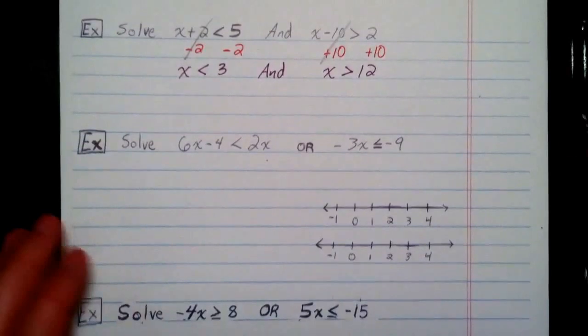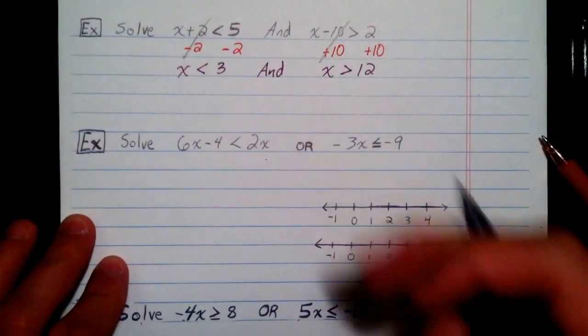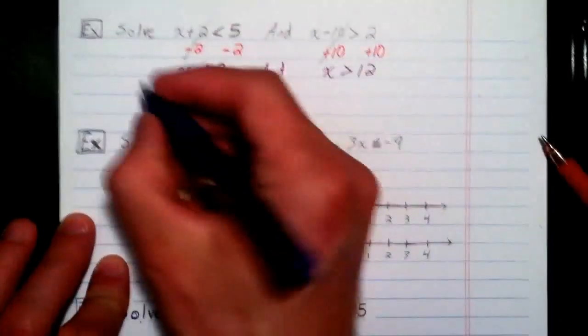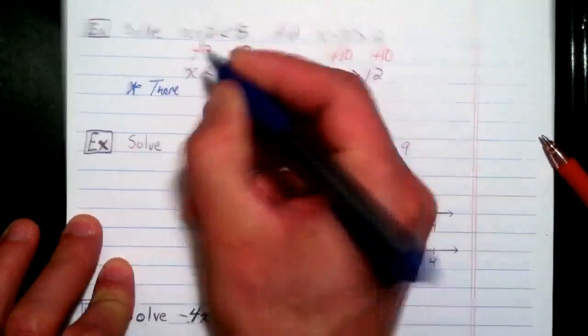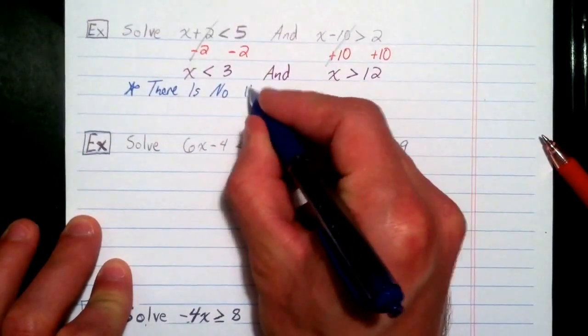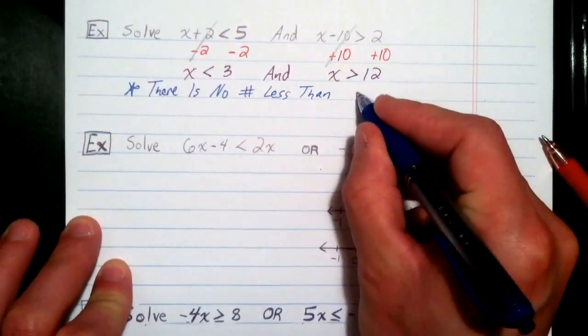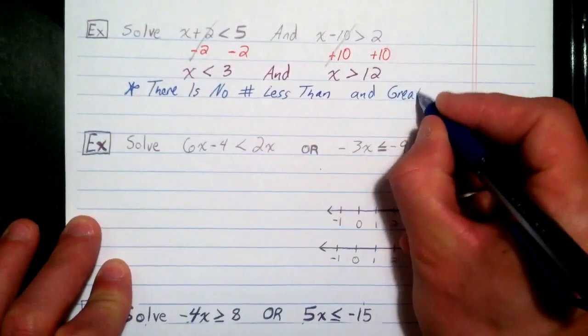And if you think about that hard enough, quickly you should come to the realization there are no numbers that would satisfy that situation. If you're smaller than 3, you can't be bigger than 12. So a little note here, there is no number less than 3 that's also greater than 12.